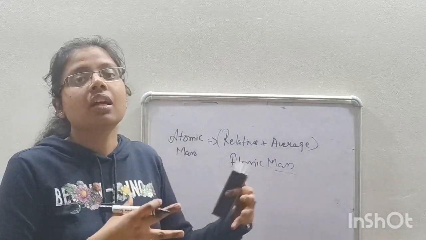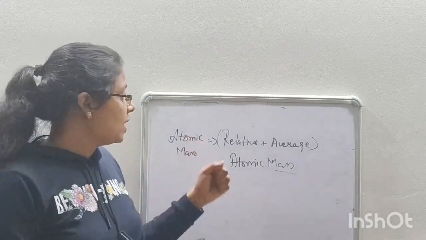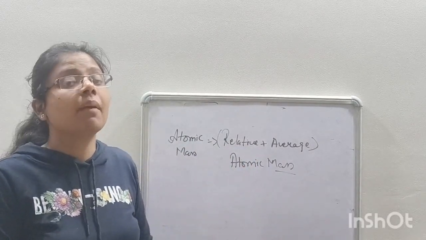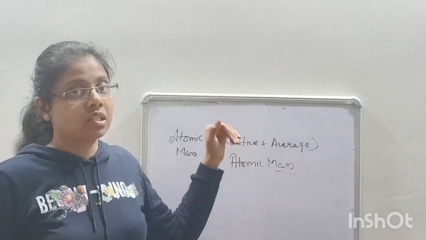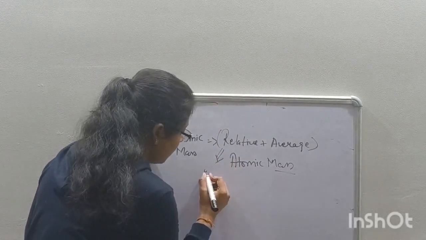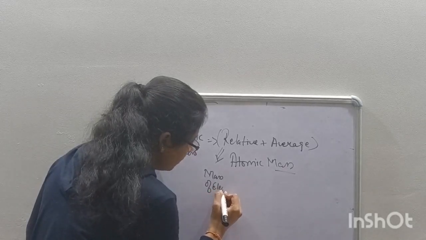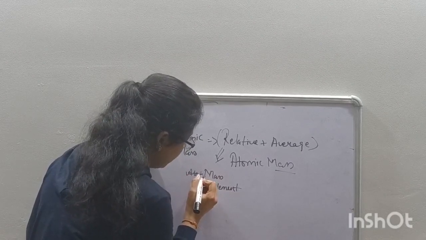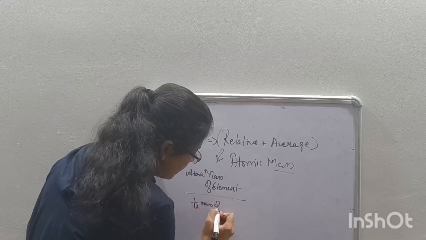Relative means as compared to. Since the mass of an atom is very small, we consider one element as a reference, compared with which we get the mass of the other elements. That is, relative atomic mass is the atomic mass of an element divided by 1/12 the mass of C12.